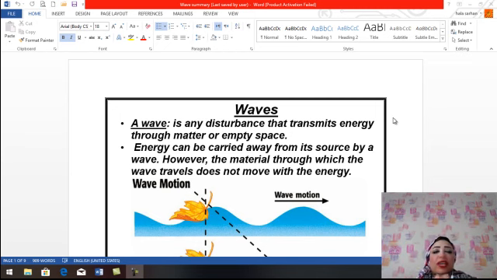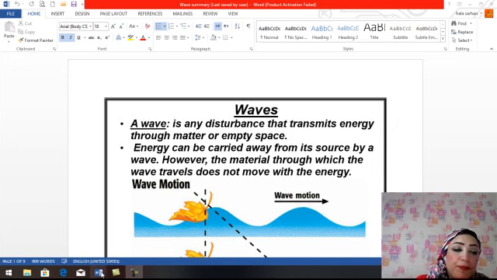So again, if I want you to define wave for me: a wave is any disturbance that transmits energy through matter or through empty space. Again, what is the definition of the wave? Any disturbance that transmits energy through matter or empty space.